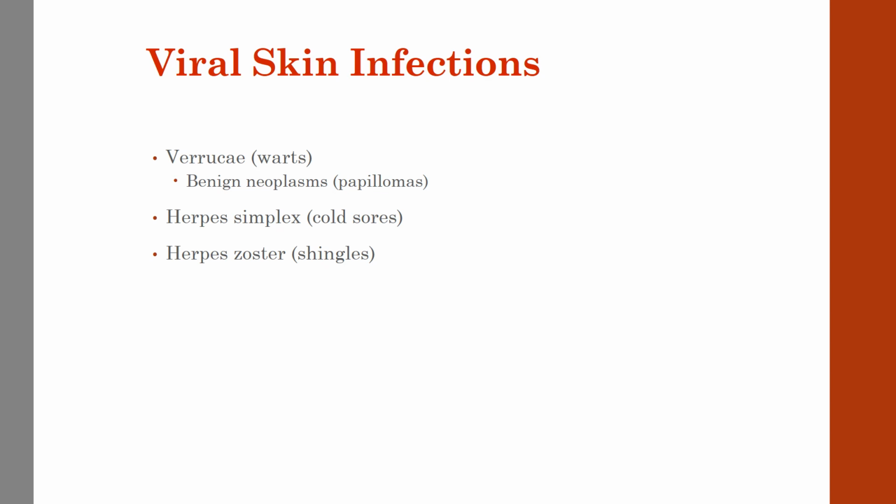Okay. So anyway, warts or verruca, benign things. It's not cancer. Papillomavirus, we talked about it. Herpes simplex, I don't want to go into that. And herpes zoster, and shingles is another name for it, right? Colloquial. What's the other disease? Chickenpox.